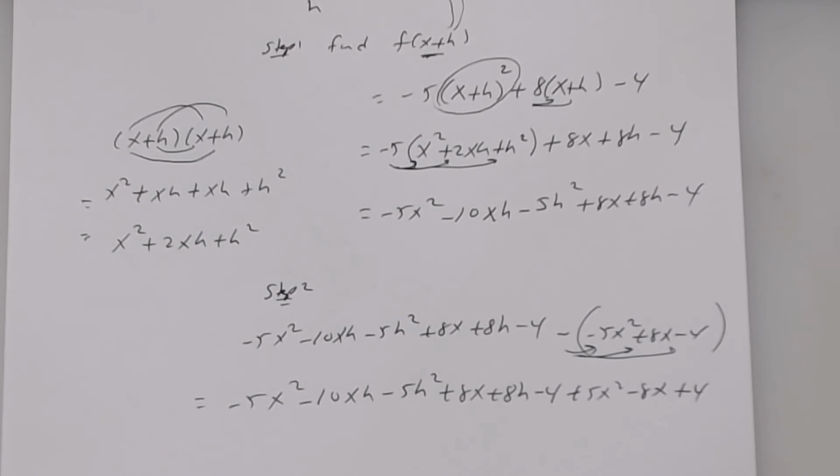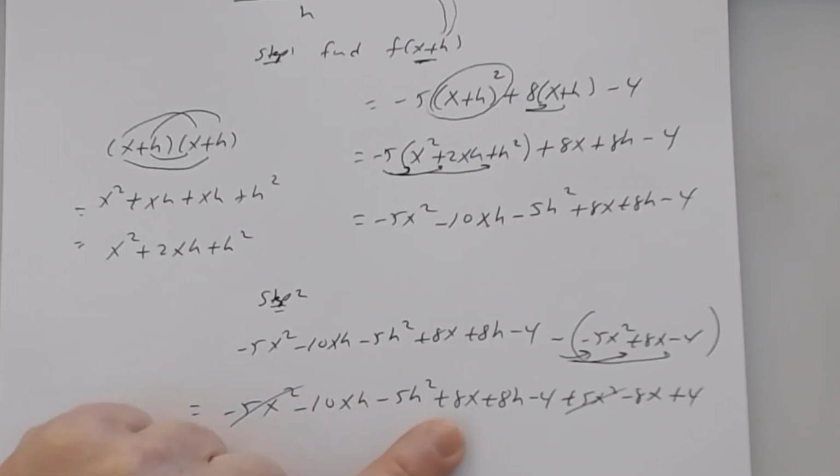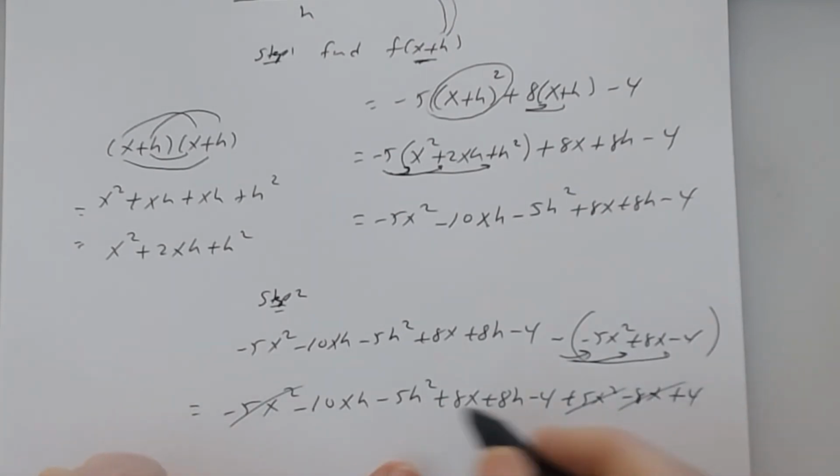Now it's at this point, at the end of step 2, where every term that doesn't have an h in it will cancel out with something else. So -5x squared, its opposite better be there, and it is positive 5x squared. So a -5x squared and a positive 5x squared is 0. This has an h, this has an h, this does not. 8x, its opposite better be there, and it is -8x.